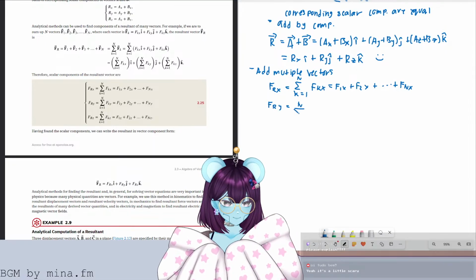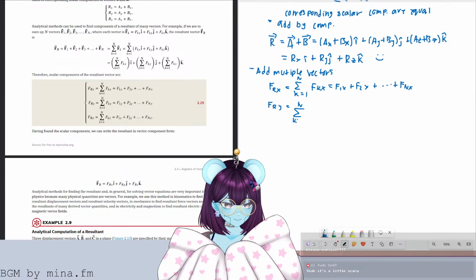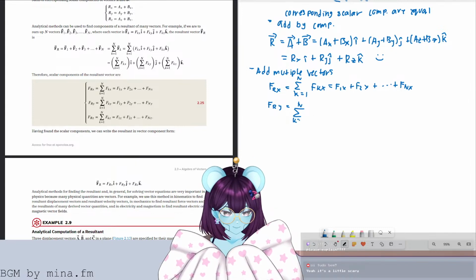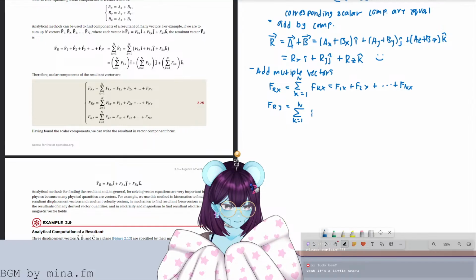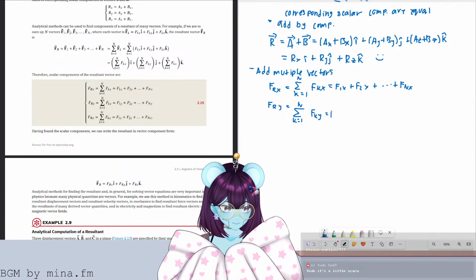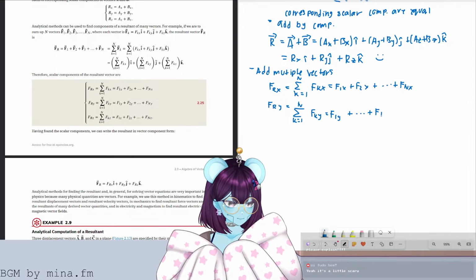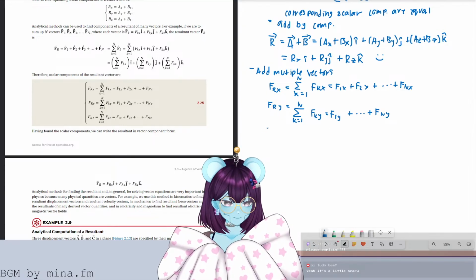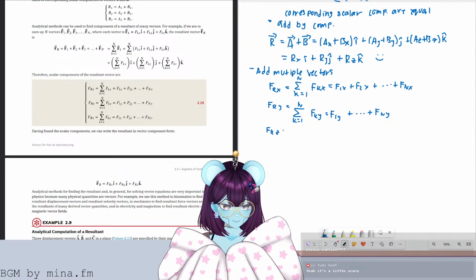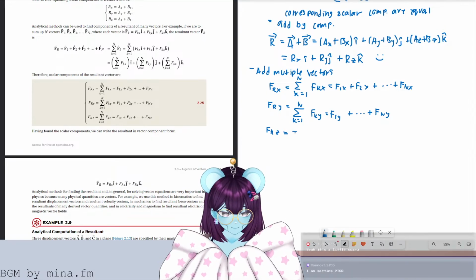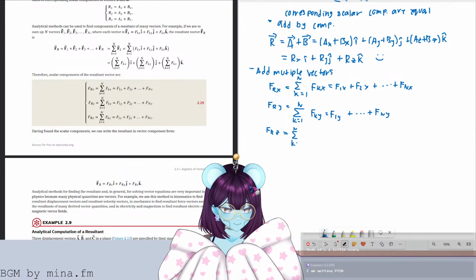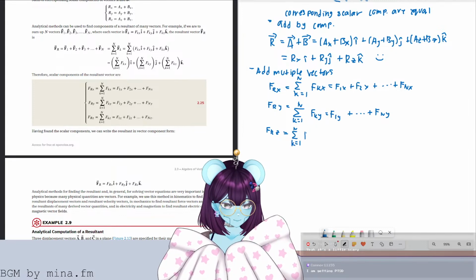We got N, we got our summation symbol, a1. I'm just going to write it like this.